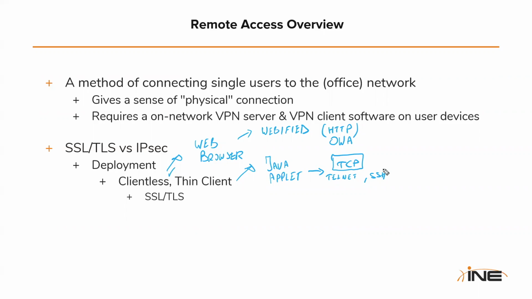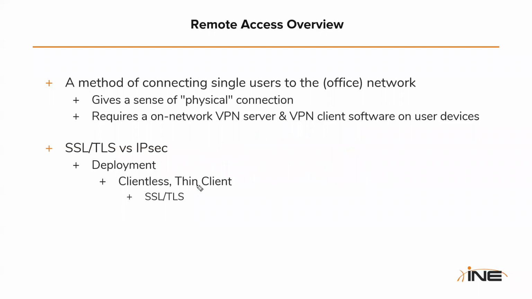And of course, clientless and thin client are something that is going to work for SSL/TLS VPNs. If you want to use IPsec to protect the communication, you will have to go for a full client deployment, which is still available for SSL/TLS. Full client is going to work for both types of protocols.